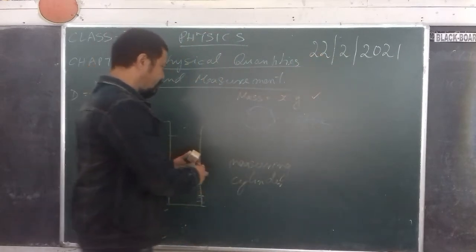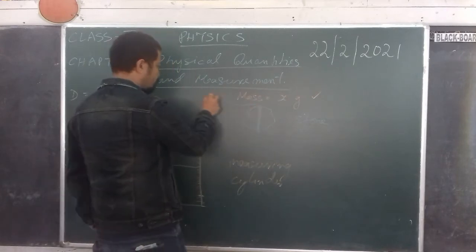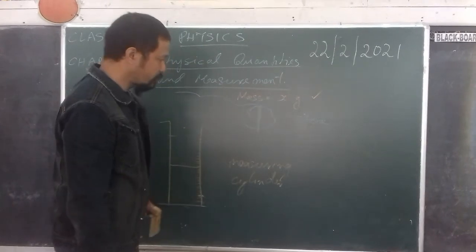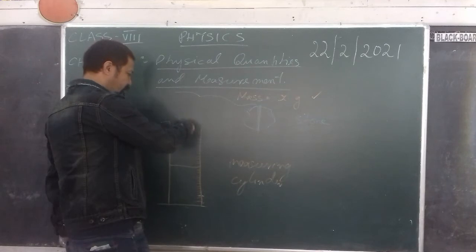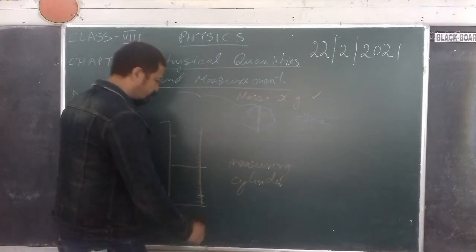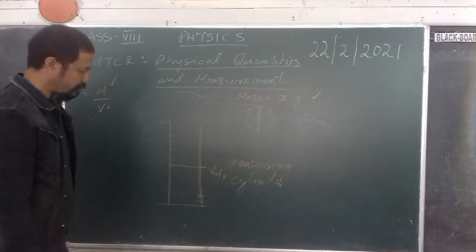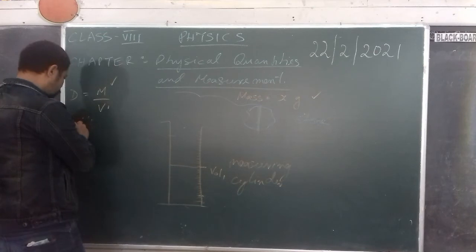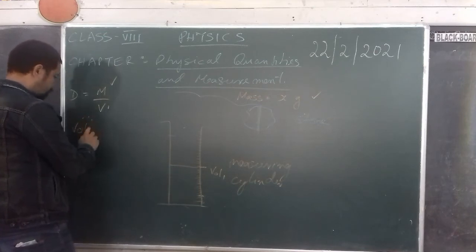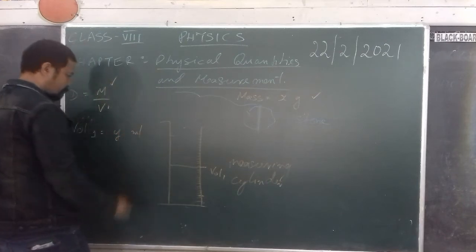Now you tie this stone with a string, a thin rope. Then in the measuring cylinder, you take the volume. Let's call this volume 1, and you note volume 1 as Y milliliter.